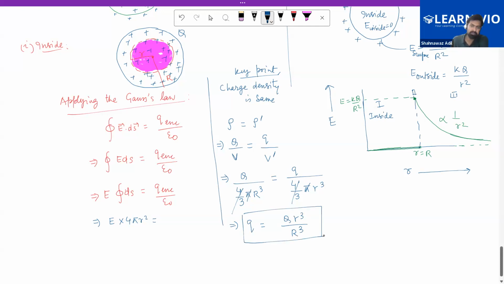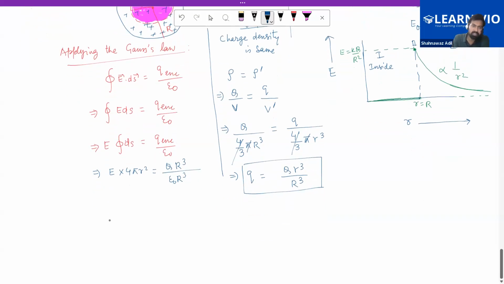Is it clear, everyone? So we put this value in here. This is Q R, Q divided by R Q and epsilon. So we take this thing in here, the electric field inside.